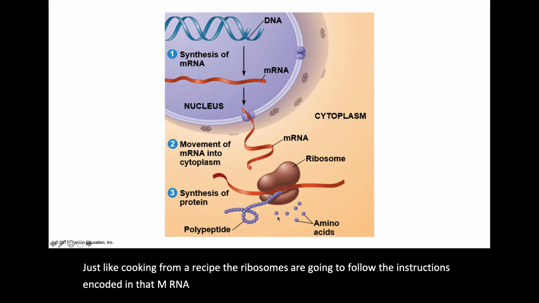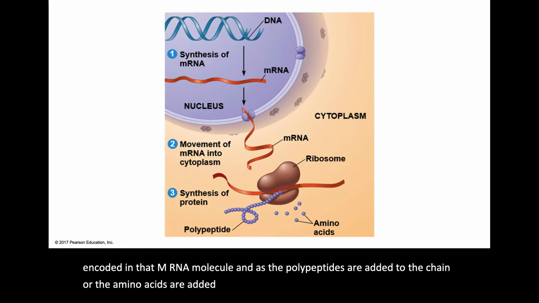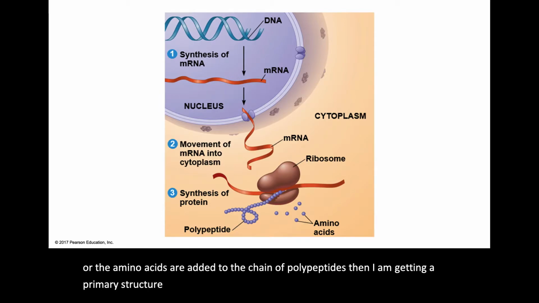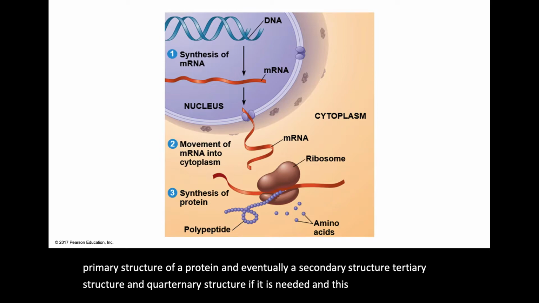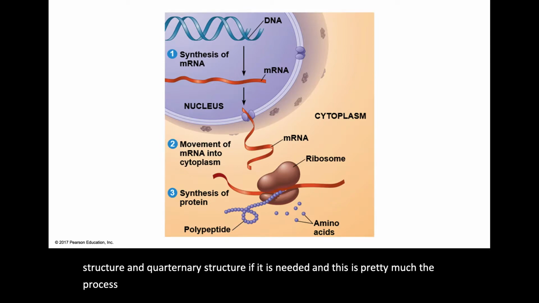As the amino acids are added to the chain of polypeptides, I am getting a primary structure of a protein, and eventually a secondary structure, tertiary structure, and quaternary structure if it is needed. This is pretty much the process of transcription and translation that eventually we'll put into much more detail.